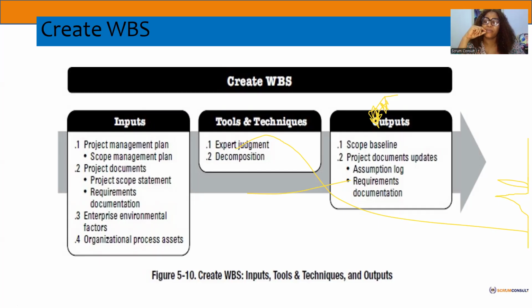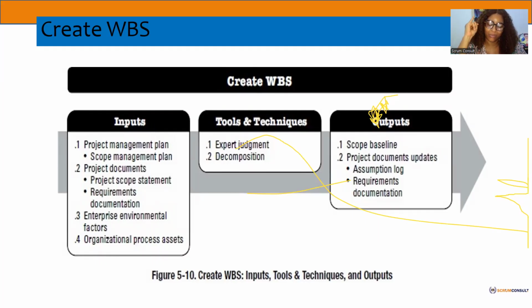So when it comes to scope, this is what we have agreed as a team. As such, if you are going to add any change to that scope baseline, it must go through the change management procedure. And what are they?